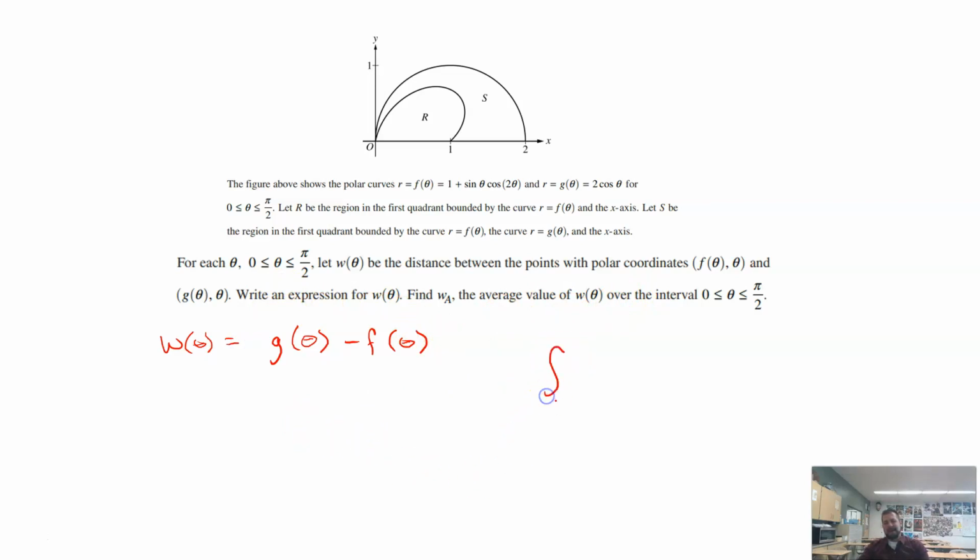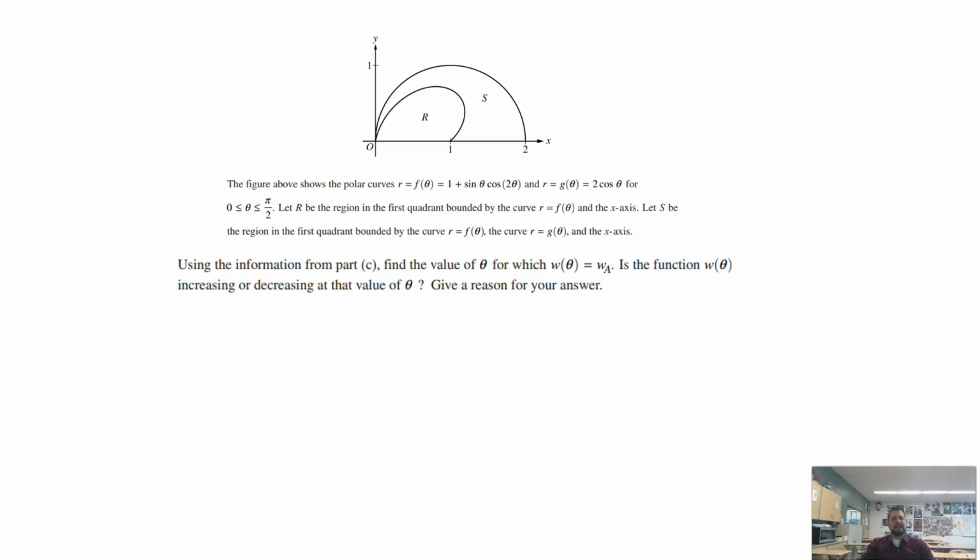Well, for average value, we do the integral from 0 to pi halves of that distance, so I'm going to go g of theta minus f of theta, then I've got a d theta on the end. And then we divide that by how big the interval is, in this case pi halves minus 0. When I put all of that into my calculator, it does take a little while to type in, but when you type that in, you get 0.485 or 0.486. That gives you your average value on that particular interval, okay?